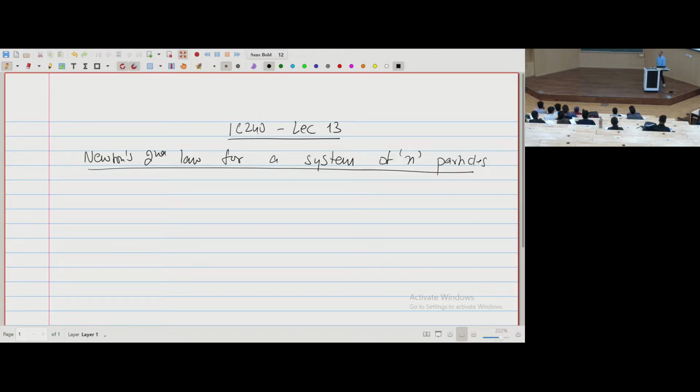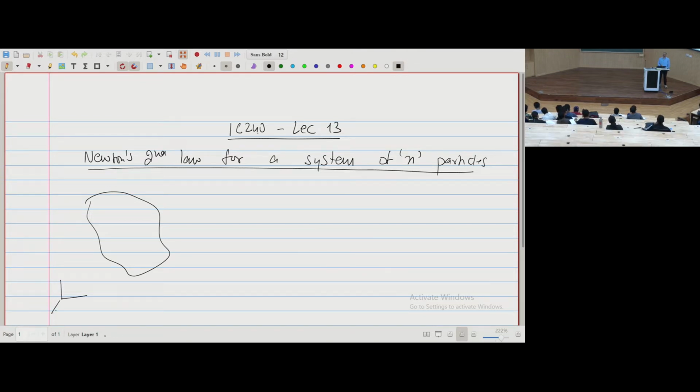The first thing we talked about for a single particle system was Newton's second law, that is force equals mass times acceleration. So if I have a system which contains n number of particles, how can I write Newton's second law?